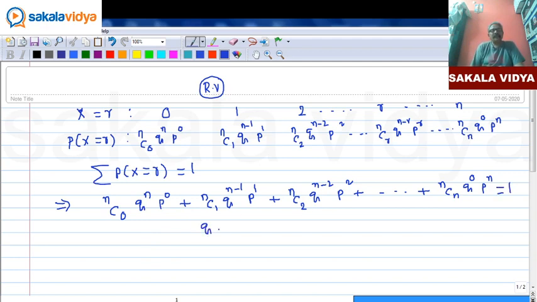So we can write q plus p whole to the power of n equal to 1. Here q plus p is nothing but 1, and the 1 is distributed among the intervals.